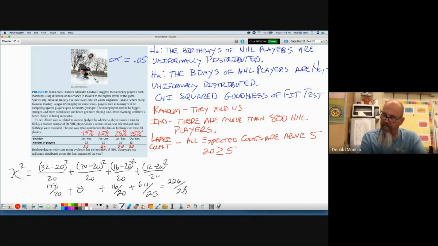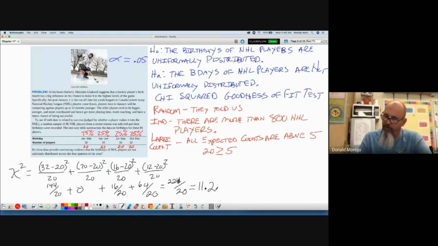Maybe I made a mistake in my addition here. 144 plus 16 plus 64 equals 224. So that gives us a chi-squared of 11.2.